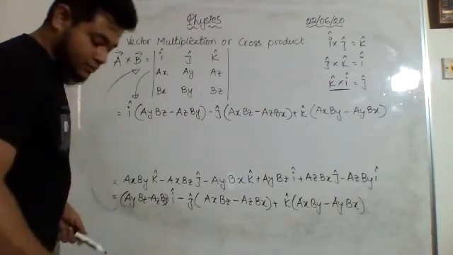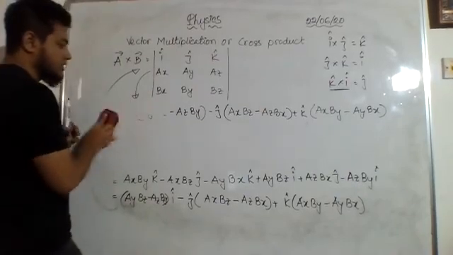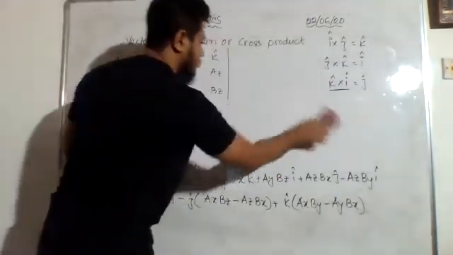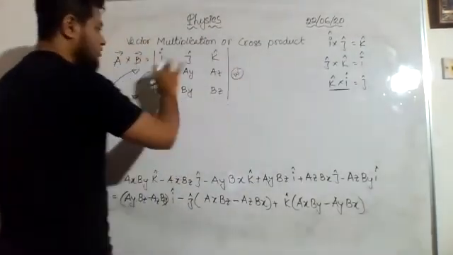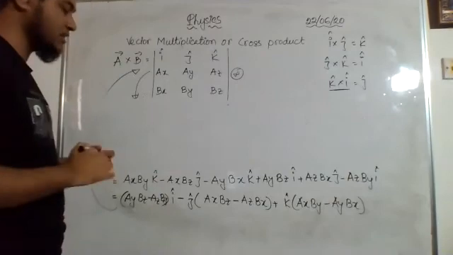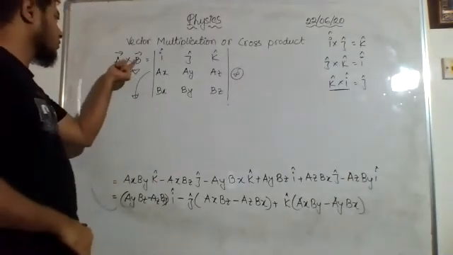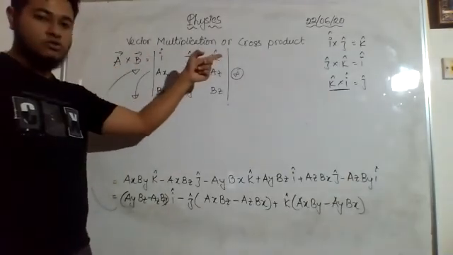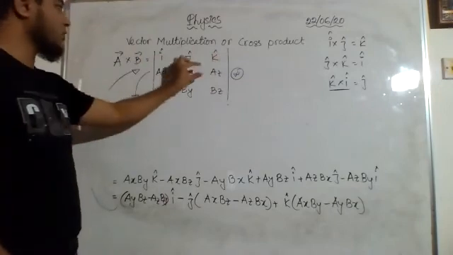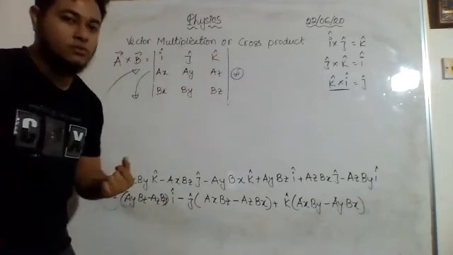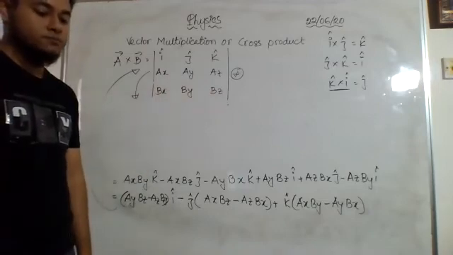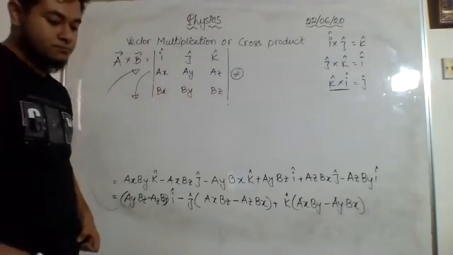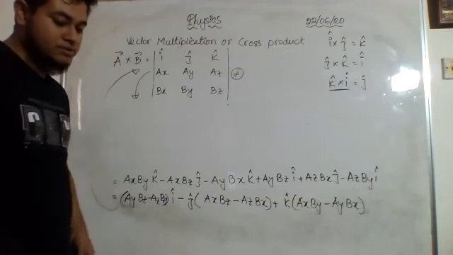So I will erase this line, and this is going to be our final formula. This one you have to remember, and this is very easy to remember. See, A cross B, IJK is going to remain constant. Just AX, AY, AZ will have a particular value, and BX, BY, BZ will also have a particular value. Any confusion? How this formula is generated?